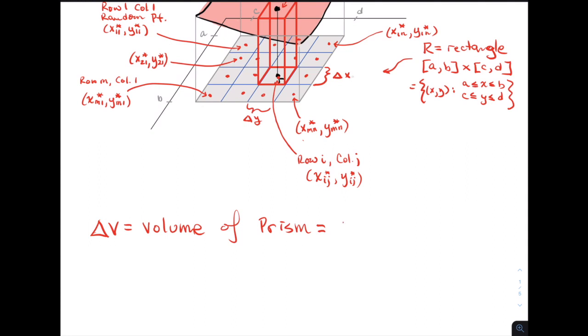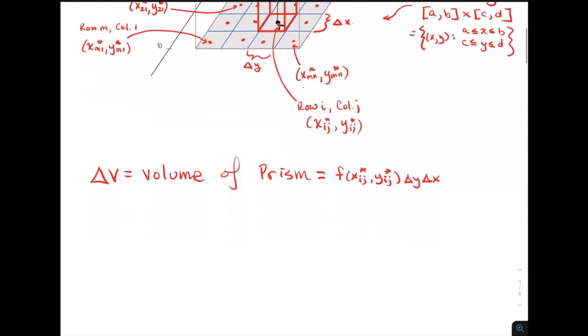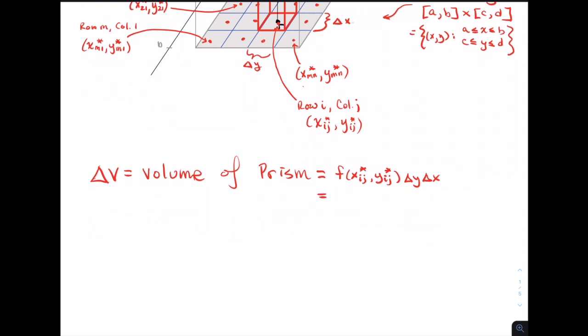The height is f of xij star, yij star, times the base, which will be delta y delta x, which we may as well call delta A. So delta A is just delta y times delta x.